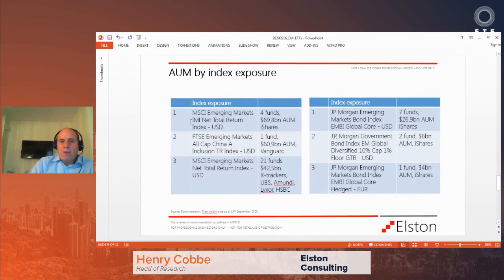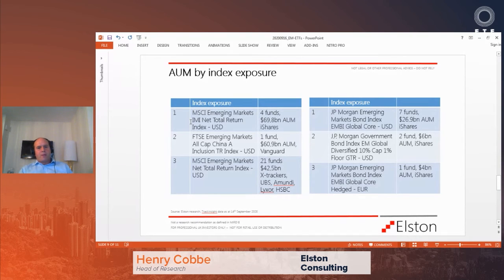Just looking at where the AUM currently sits, as I said, the bulk of it is in those core building blocks. The largest index exposure by assets is the MSCI Emerging Markets IMI. There are 4 funds tracking that, mainly iShares, with 70 billion AUM.